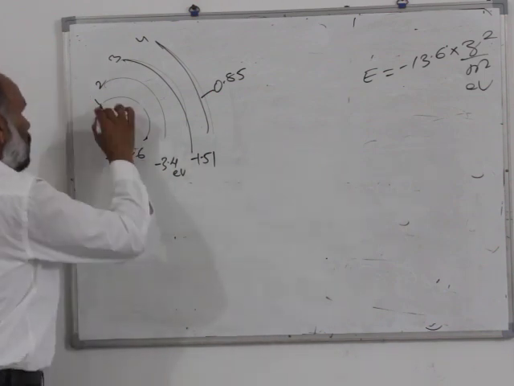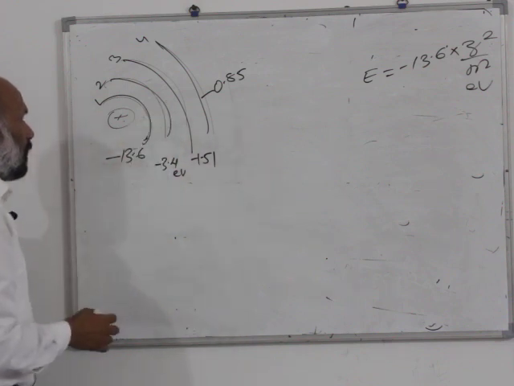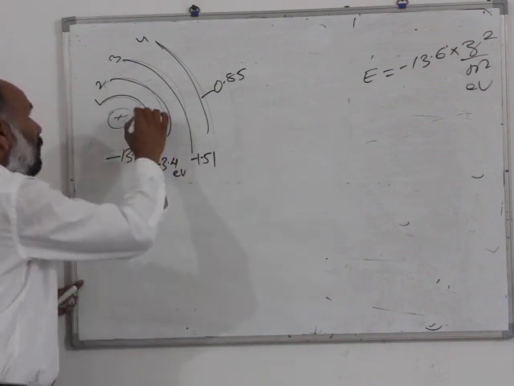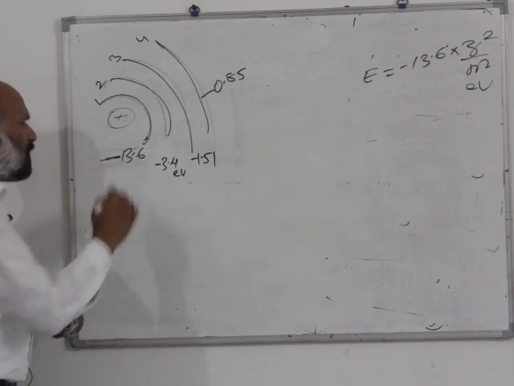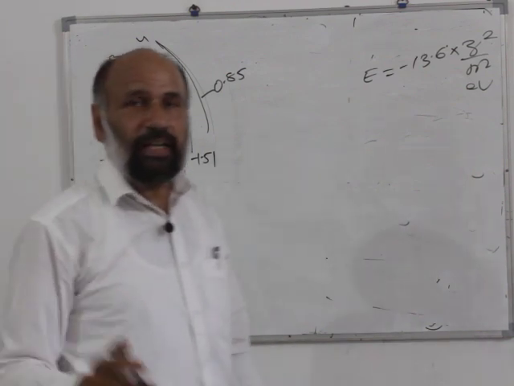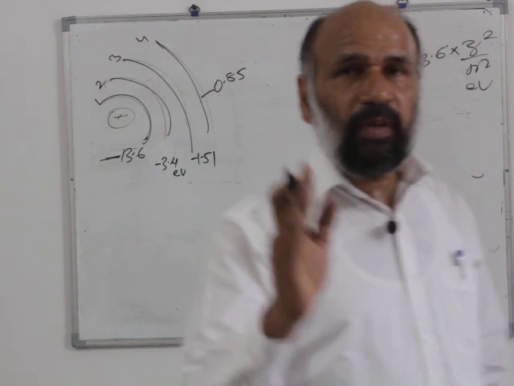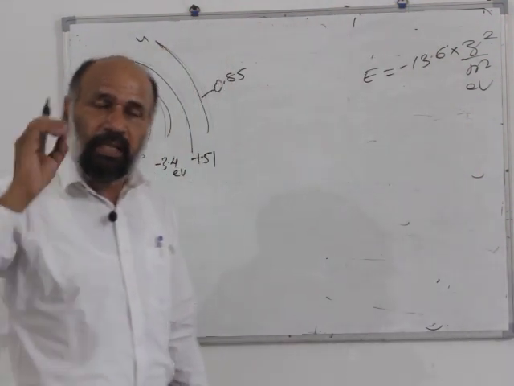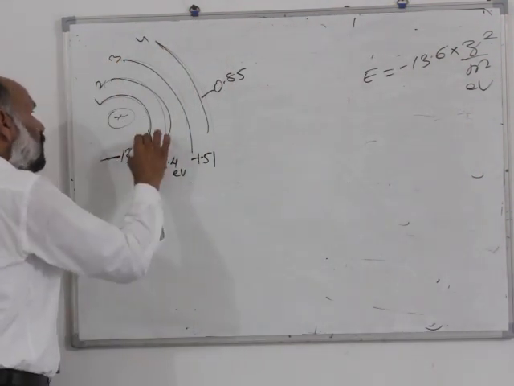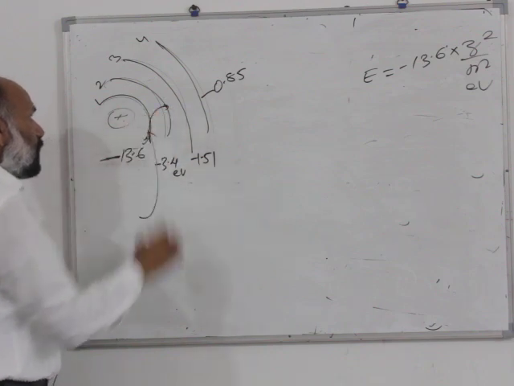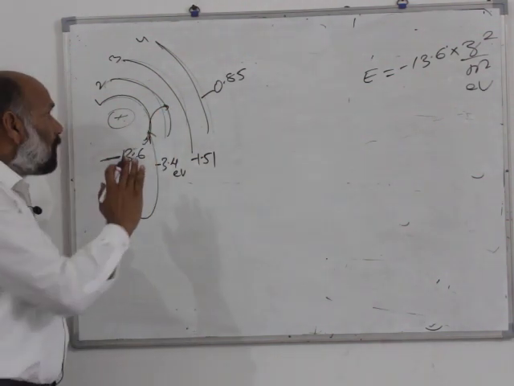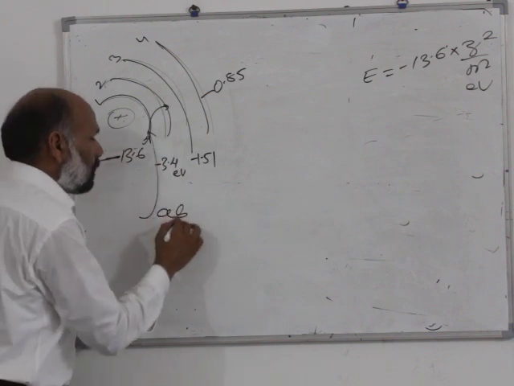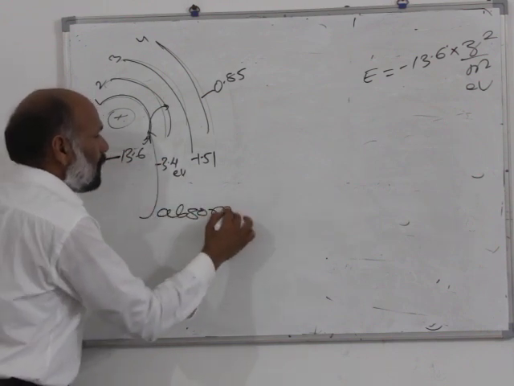Okay, see what happens here. Now if I supply some energy, what happens? This negative energy means least amount of energy. Most negative means least amount of energy. We must supply some energy here, then only the electron will jump, and this will cause emission spectrum, absorption spectrum.